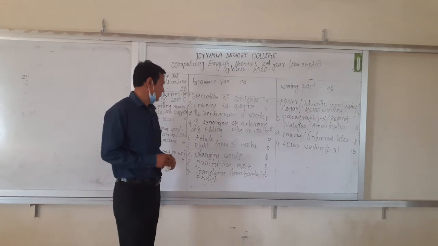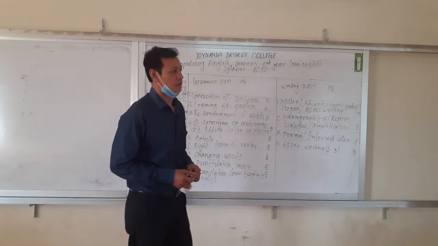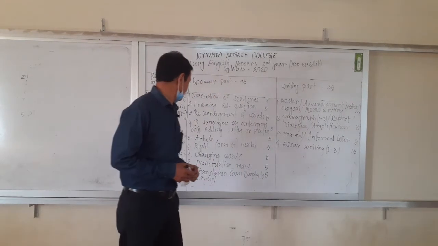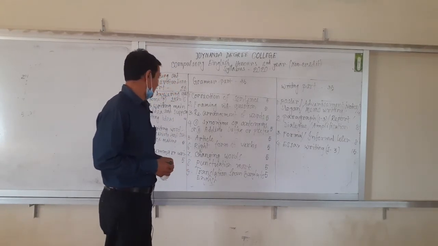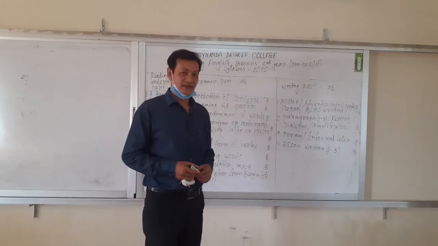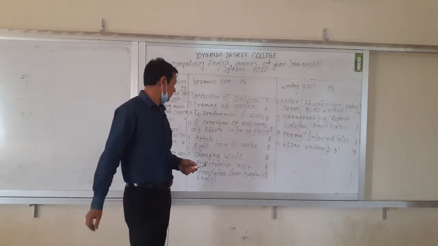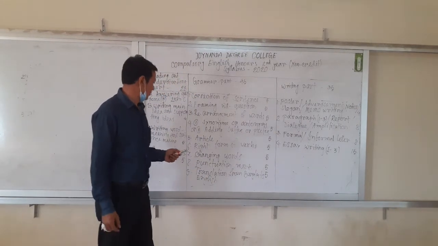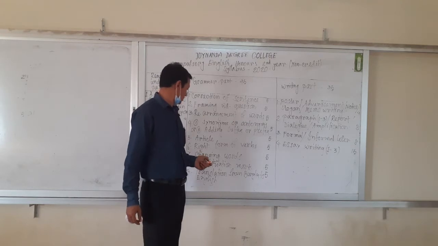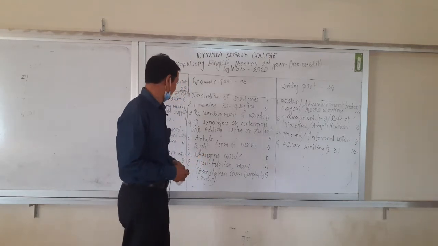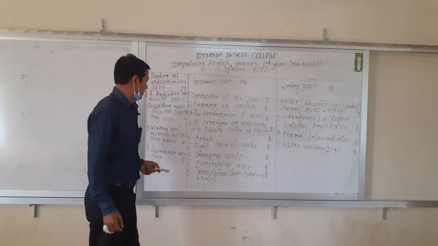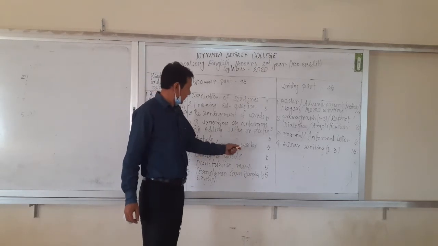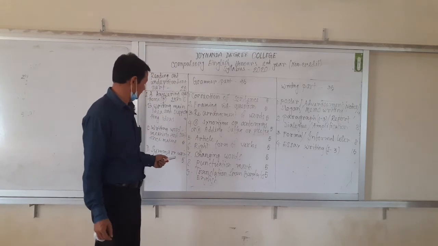Number 6, right form of verbs. 7 sentences will be given with the verb in brackets, and you have to write down the right form of the verb according to the context of the sentence. This question also contains 5 marks.